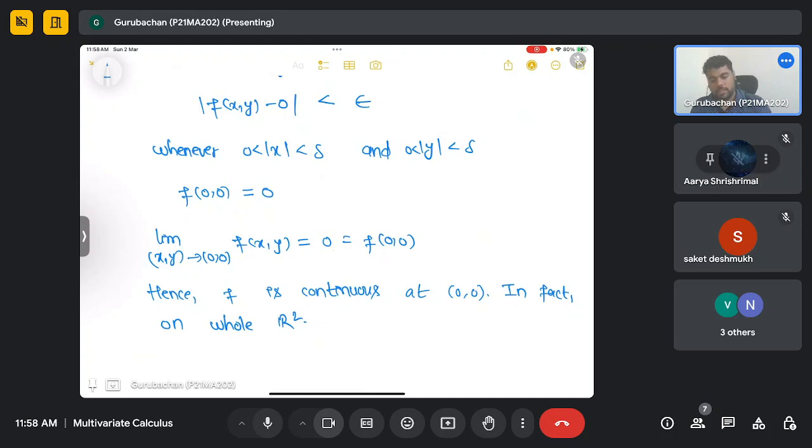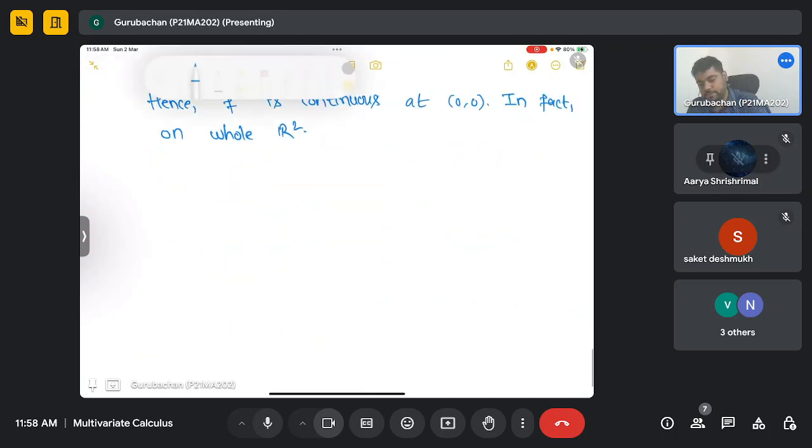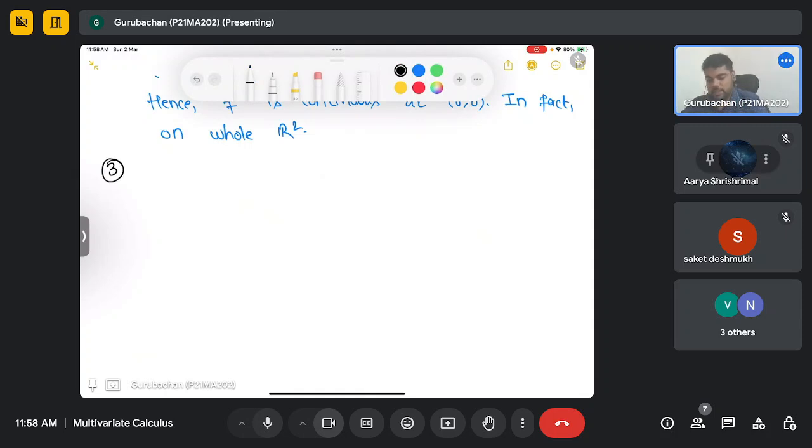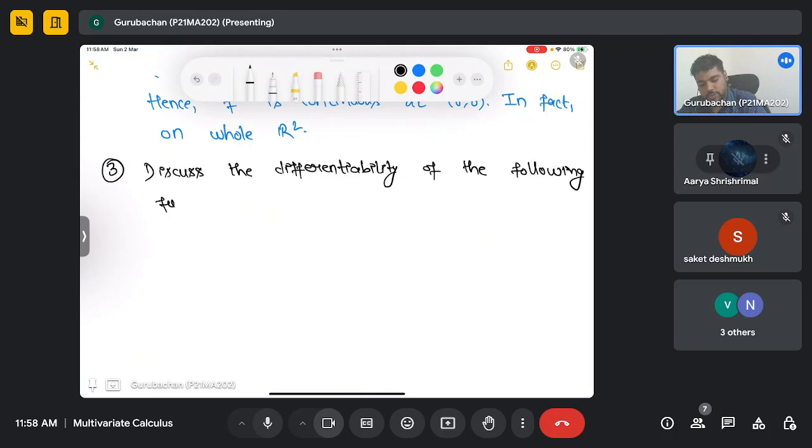Okay, now the next question is related to the differentiability. Discuss the differentiability of the following function.